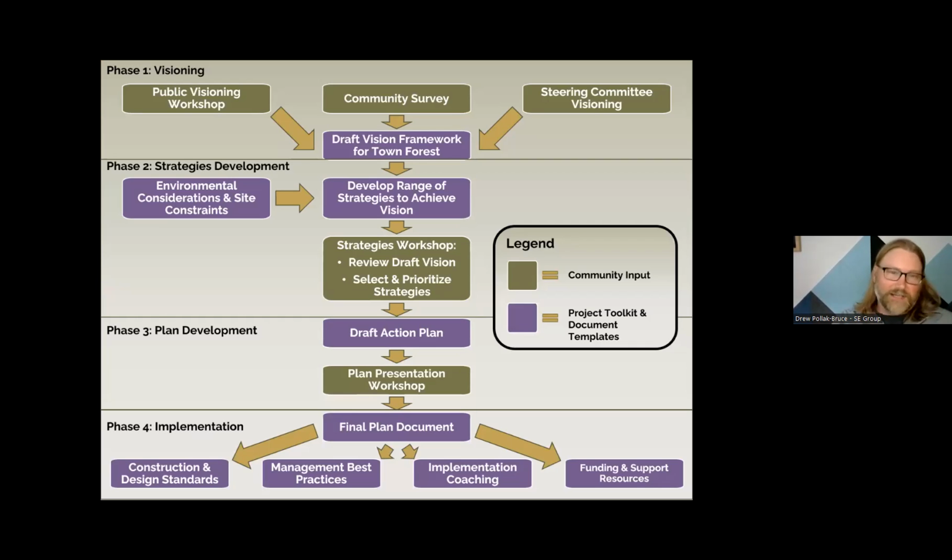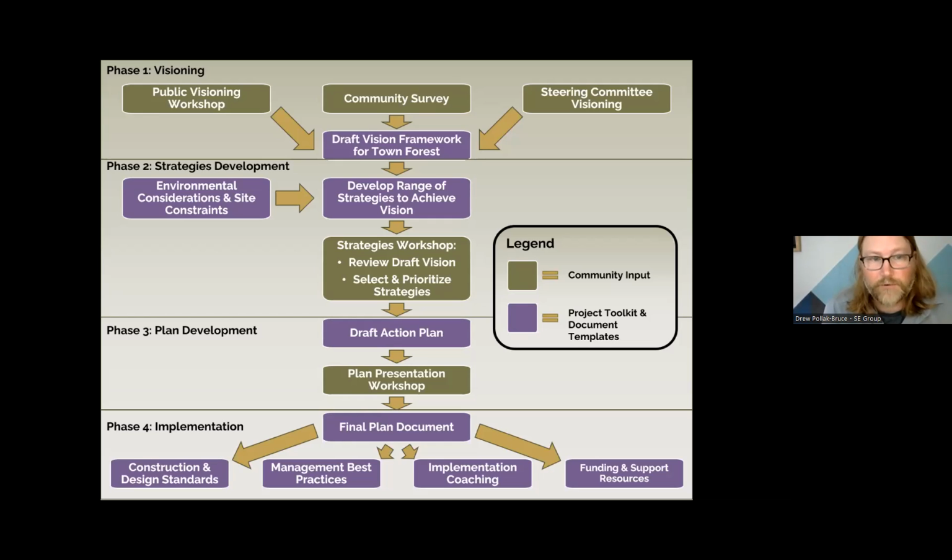And then this just looks at the planning process here. Each of the green boxes shows the community input throughout the process. And that really helps drive all of the other tasks. We start out in the visioning phase with 3 different opportunities for visioning with the public: at an open house workshop, through a community survey, and then with the town forest committee or the steering committee.